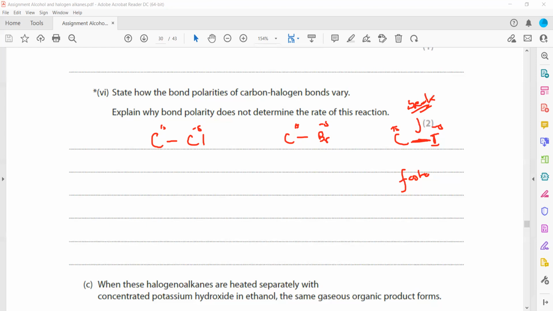Why? Because it's a longer bond. As it is a longer bond, it means weaker attraction between the nuclei of the two atoms and the shared pair, so it can break easily.